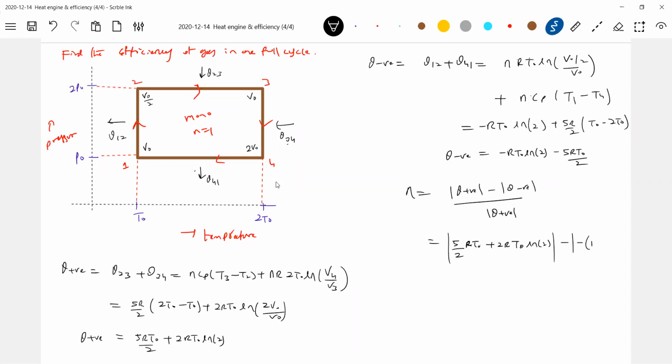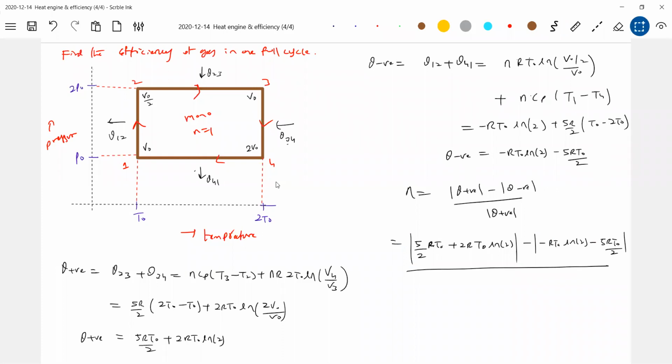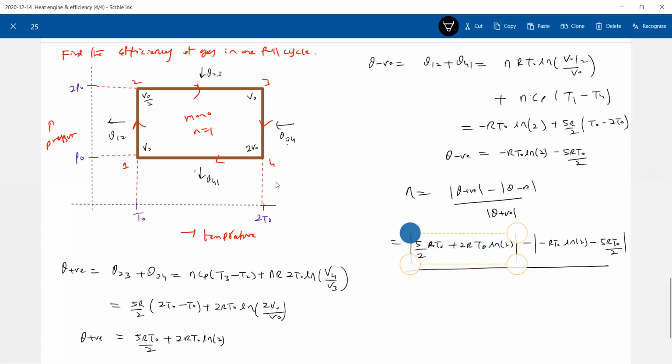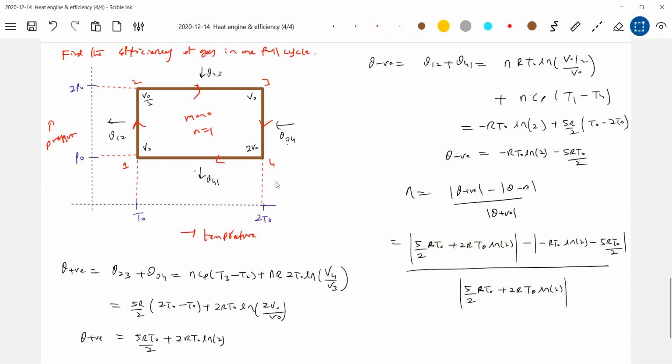Or let it be R T naught log 2, all divided by pi R T naught by 2 minus R T naught by 2, which will be 3 R T naught.